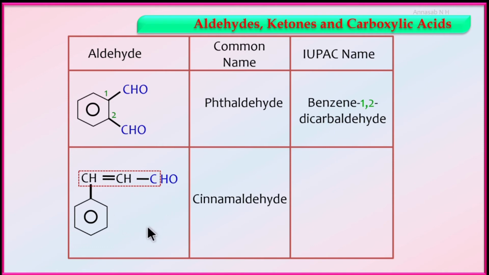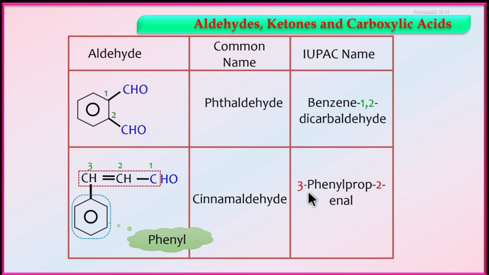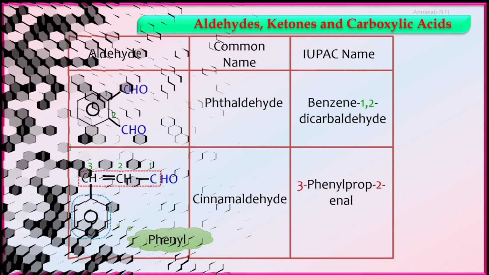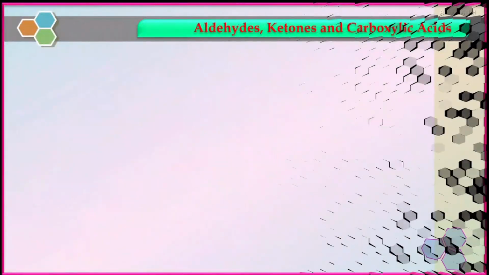So the name of the compound is 3-phenyl-prop-2-enal or 3-phenyl-2-propenal.